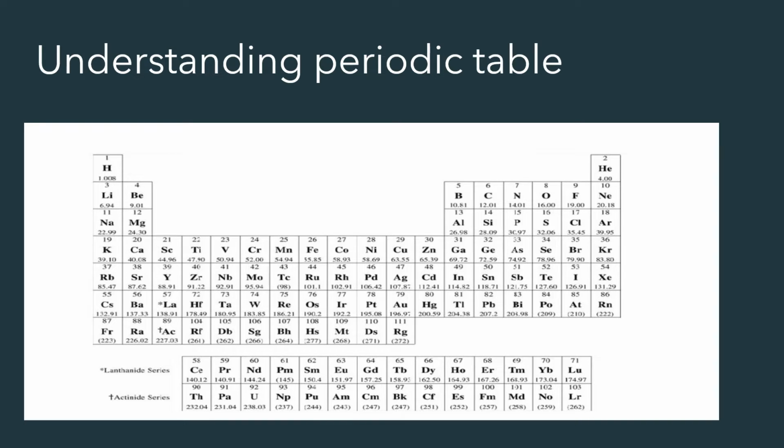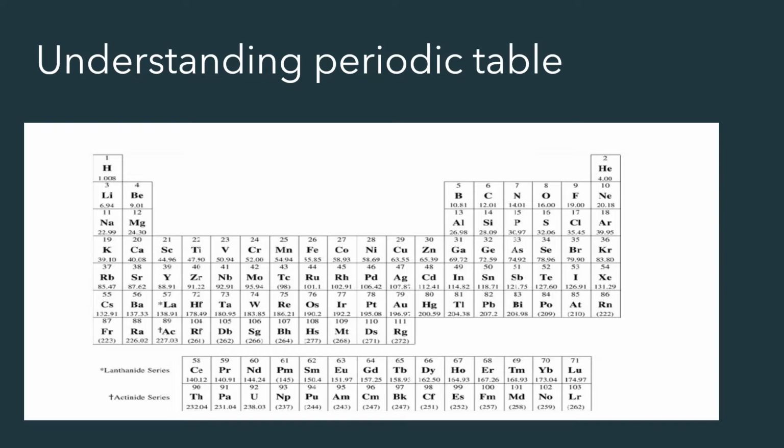So one more thing is you see a number above the element. For example, for hydrogen, I see 1 and also a decimal number below it. So what are these two? Let's understand that the number above the letter is the atomic number.